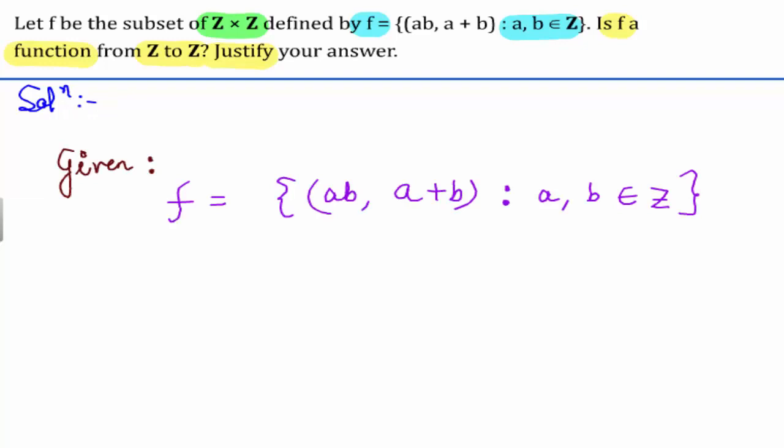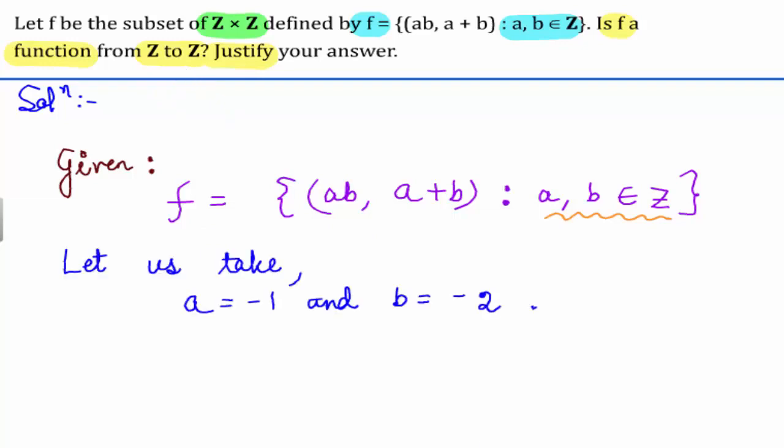Here we have the set of ordered pairs f given by (ab, a plus b) such that a and b both belong to the set of integers Z. So let us now verify whether f is a function from Z to Z. Let us take the value of a as -1 and value of b as -2.